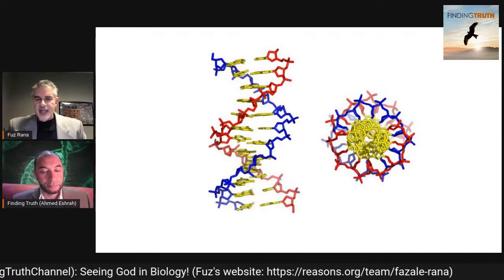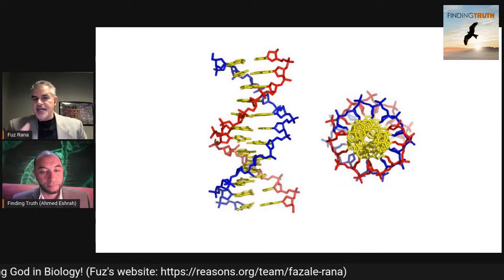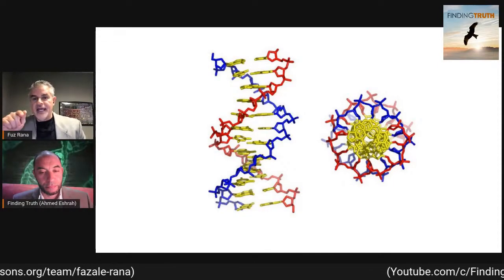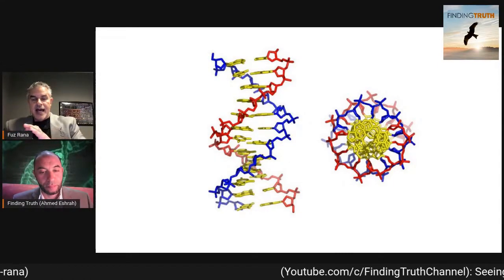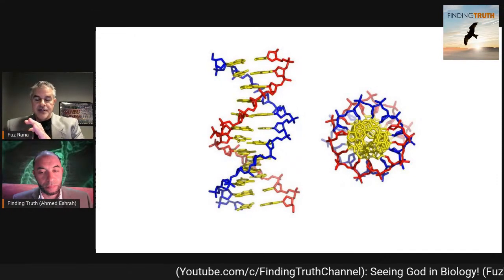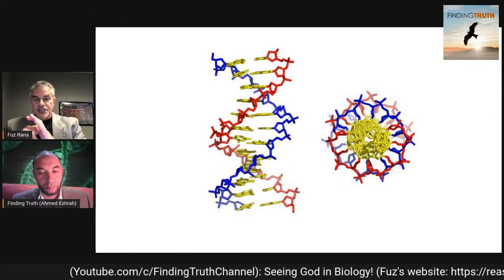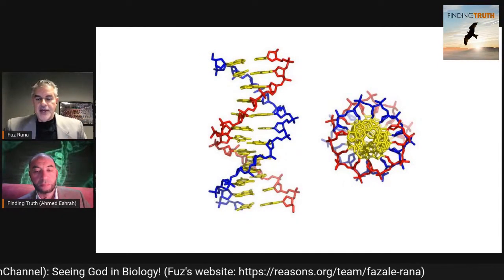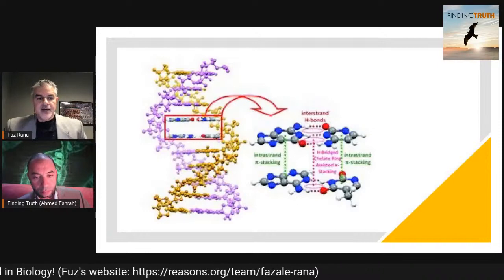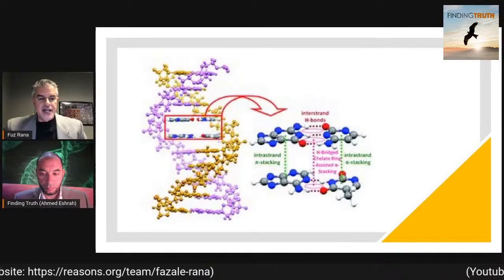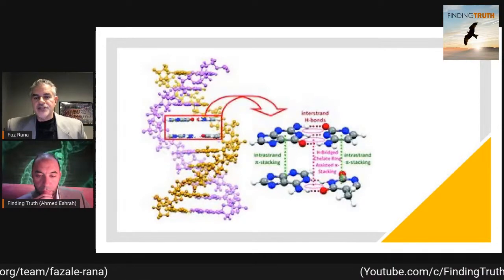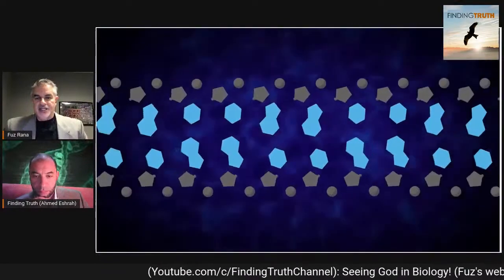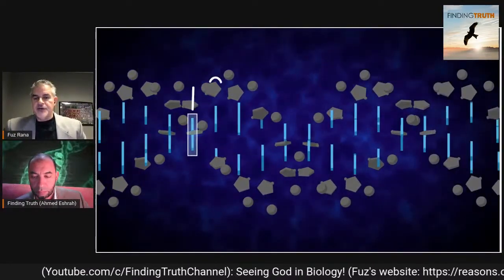And so in this image, we see, again, the DNA double helix. On the left, we're looking along the axis. On the right, we're looking down the axis, where the nucleobases depicted in yellow are seen to be essentially overlapping as we go down the length of the double helix. And here's another picture that shows what's called pi-pi stacking. Here we take a little piece of the double helix and expand the interior region where we see the different nucleobases.